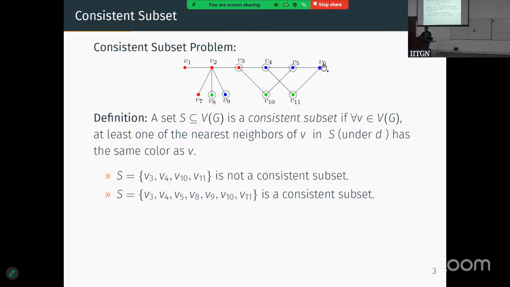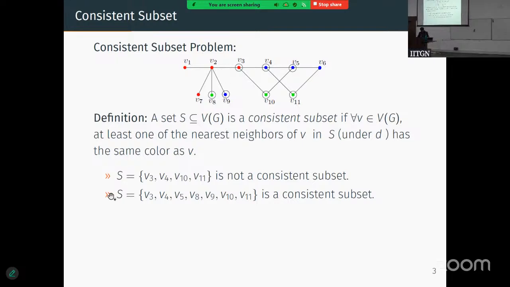Take V6. The nearest neighbors in S are V5 and V11. This is the same color as V5. Next, V1: the nearest neighbors in S are V2 and V1, at the same distance. This is also 2, this is also 2, and this is the same color, which is 2. Same process. So this S is a consistent subset.